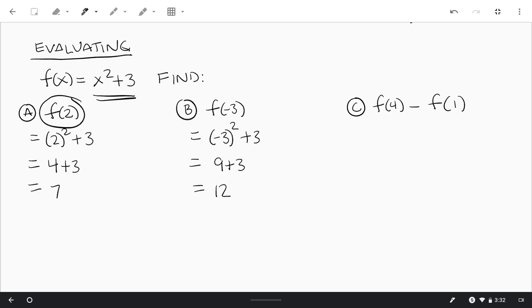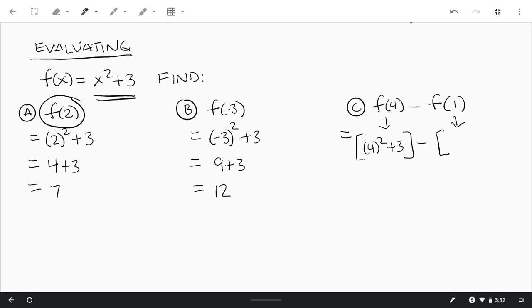Okay, now this part over here, so we have two parts, f of 4. So that means in this first part, we are going to replace the x values with 4. So let me break it up. I'm going to group this part. So 4 squared plus 3. That's this first part, right? And then I'm going to subtract this part, f of 1.